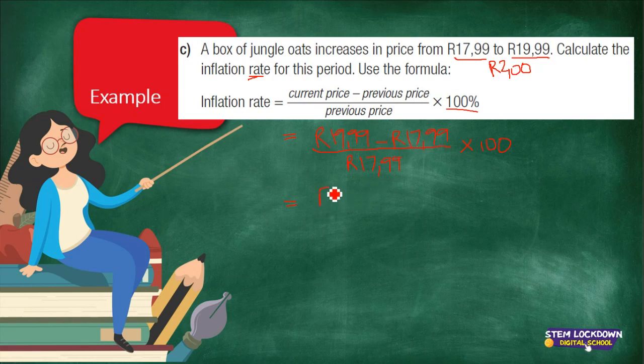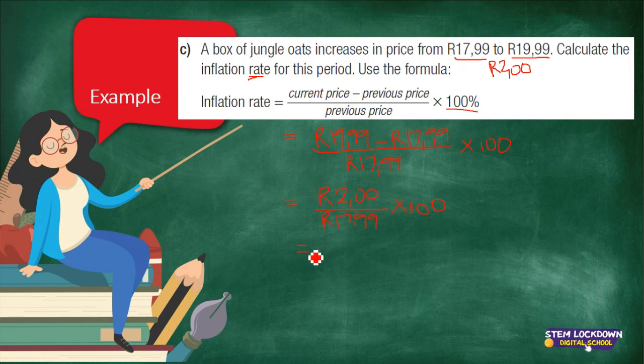I think your answer will be 2 rands, right? So this step is very important. Divided by 17 rands 99. Times by 100 because we're looking at percentages, and then you'll get your answer.